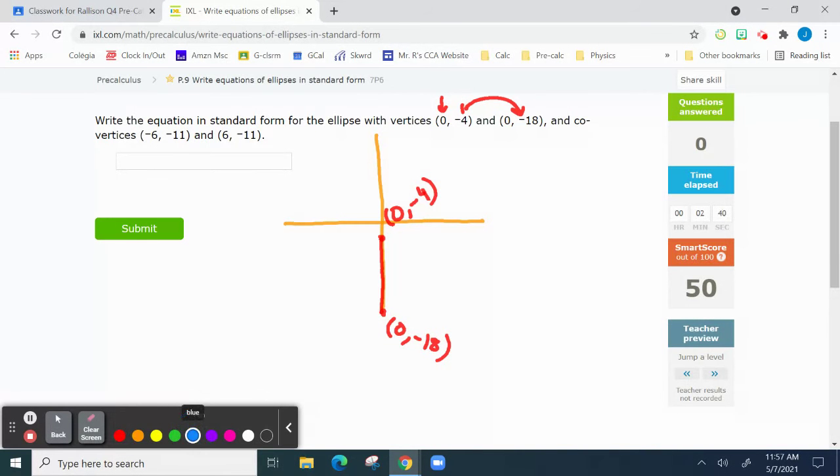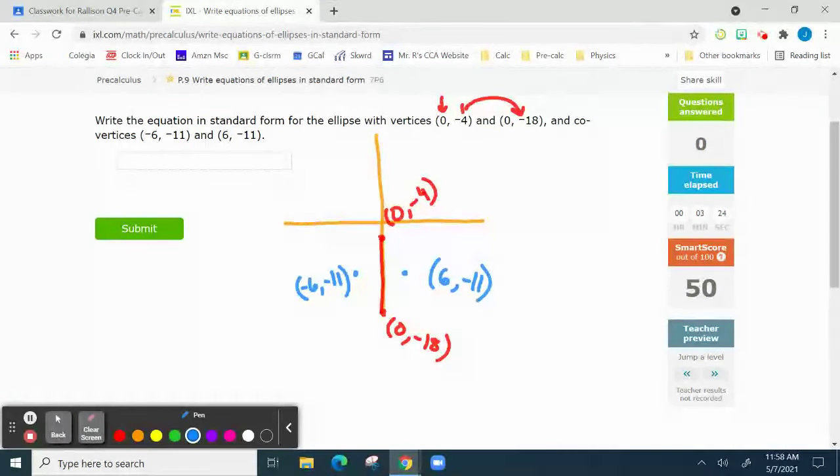And now the co-vertices are at (-6, -11) and (6, -11). So something like that. So that is (-6, -11), and that is (6, -11).